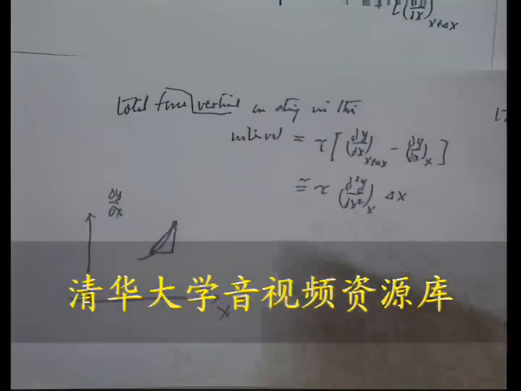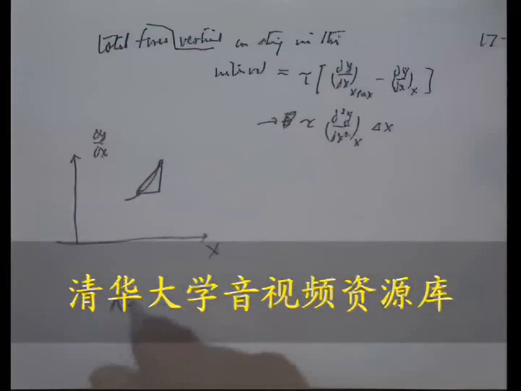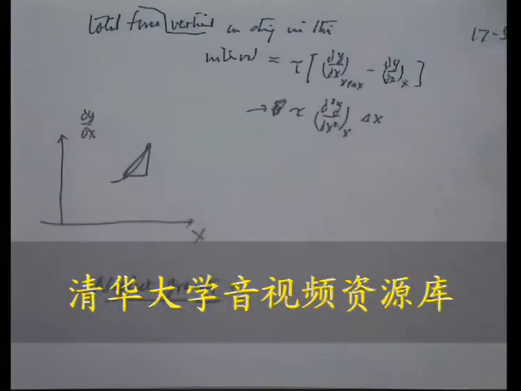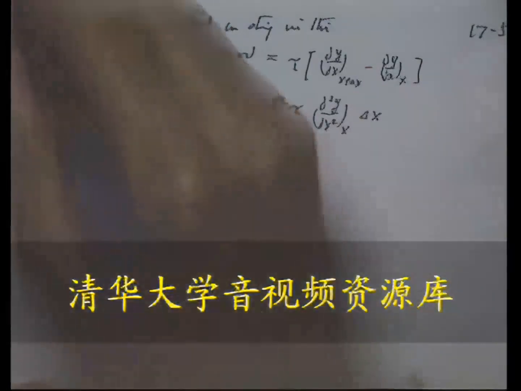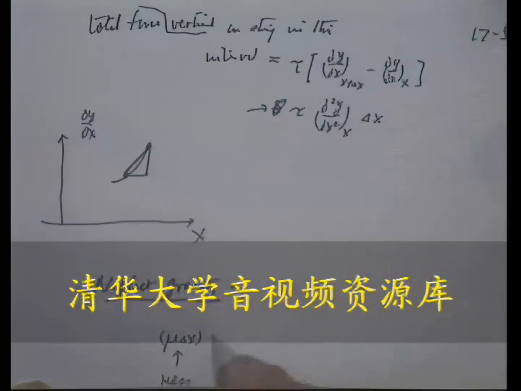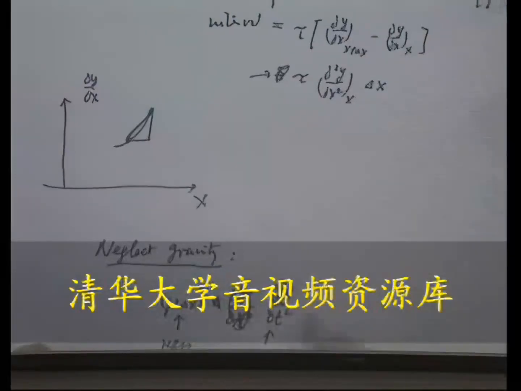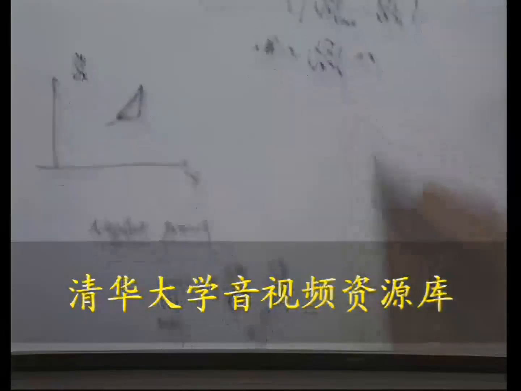So in the limit it becomes this. We now neglect gravity and use Newton's law. The mass of the string here, with mu per unit length, is mu delta x, so mu delta x times acceleration, d squared y/dt squared. This is the acceleration. Mass times acceleration should be equal to force.